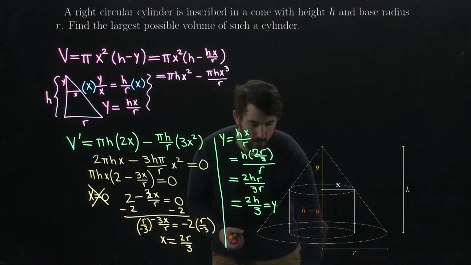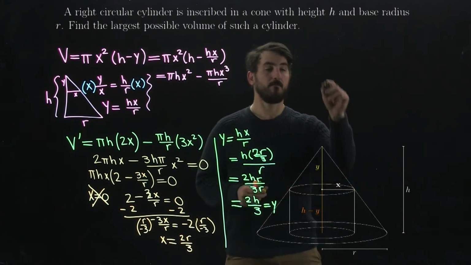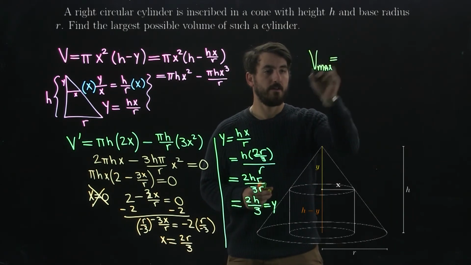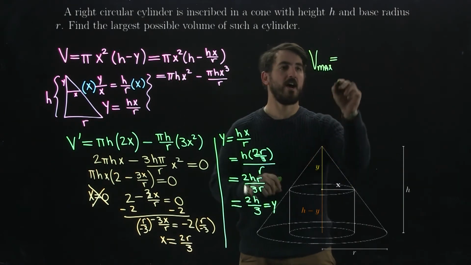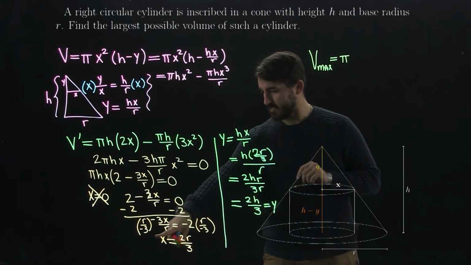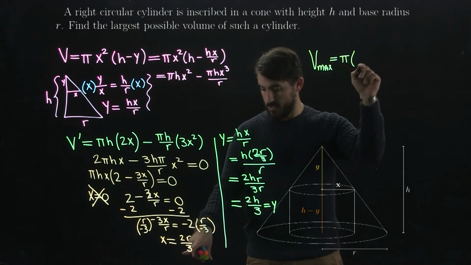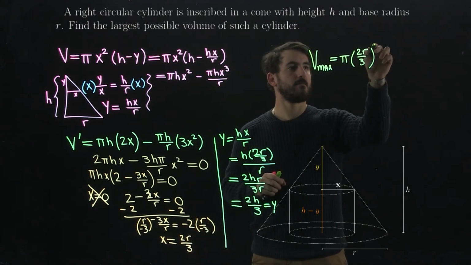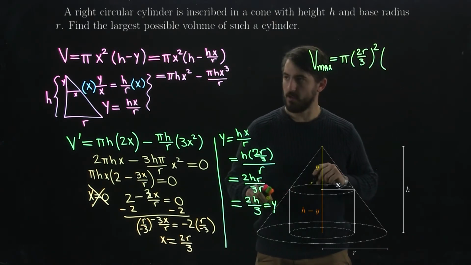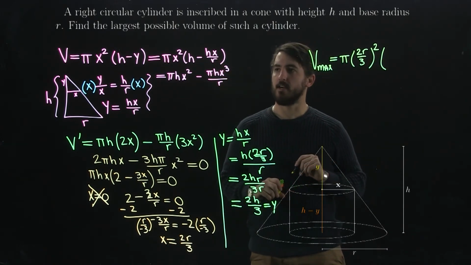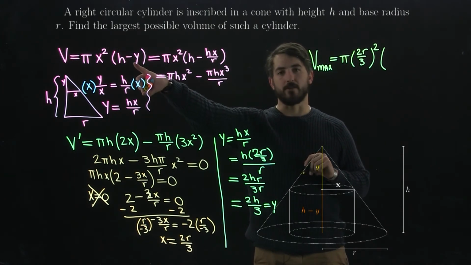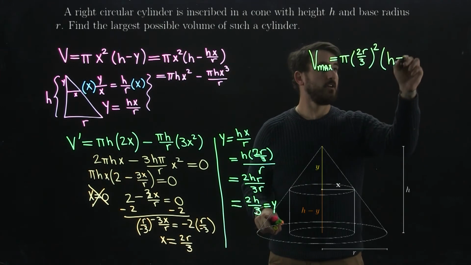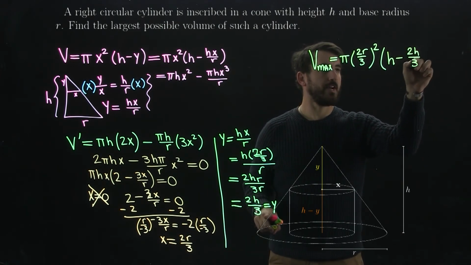So the max volume is going to be equal to pi times x, which is 2r over 3, squared, times h minus y in the original case, and we know y is 2h over 3, so h minus 2h over 3.